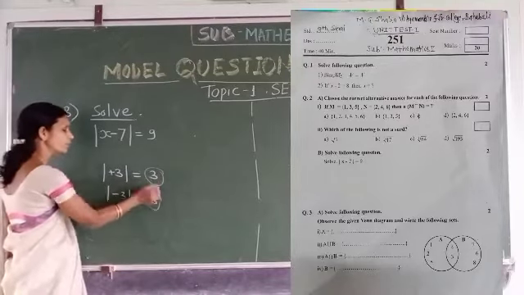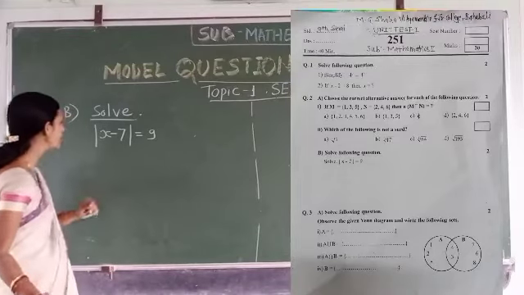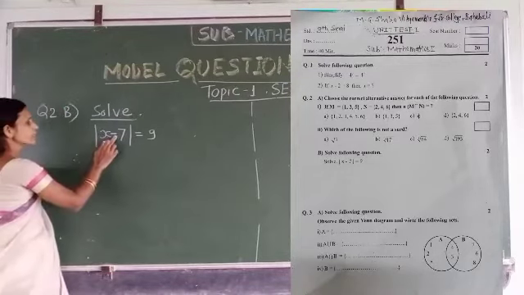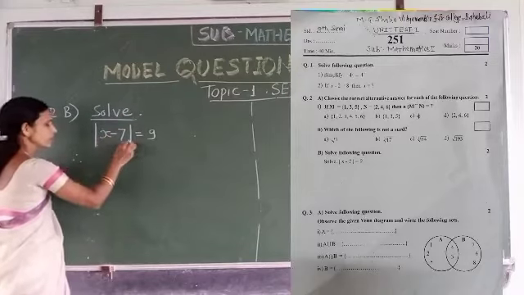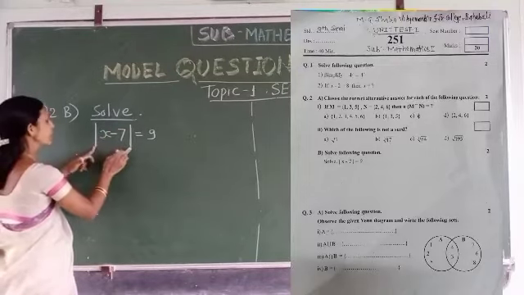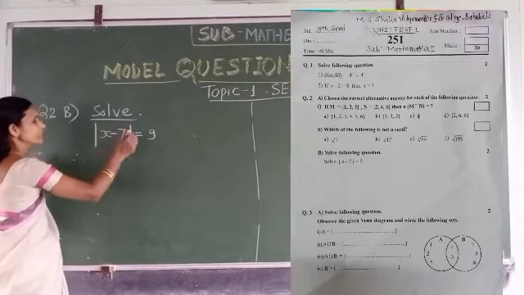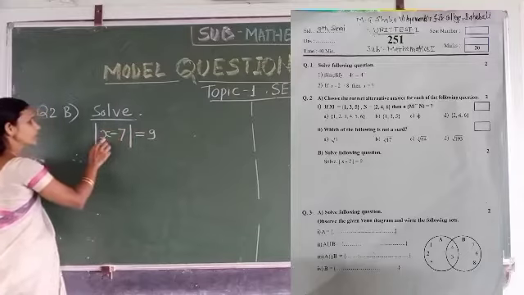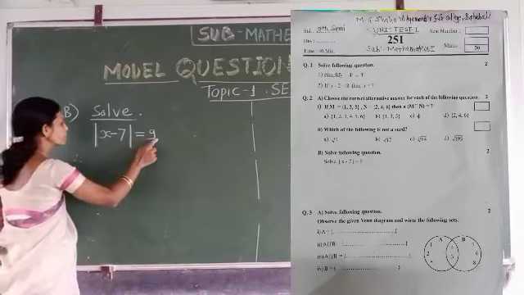That is the absolute value. Then we have to find out this example. See here, x minus 7 is given in the absolute value symbol. Therefore, the absolute value of x minus 7 is equal to 9.